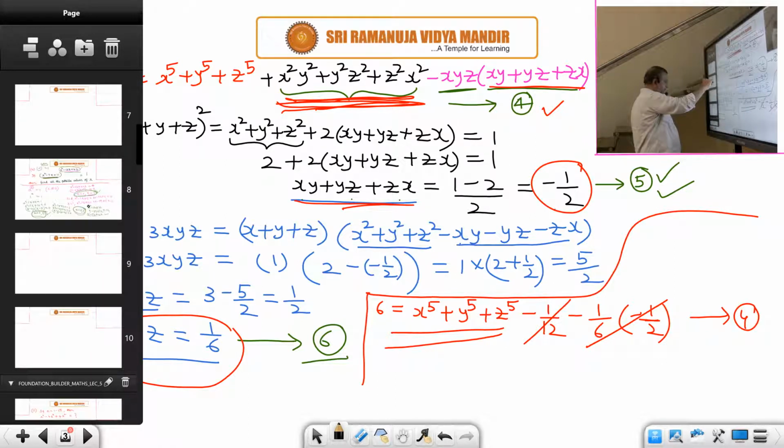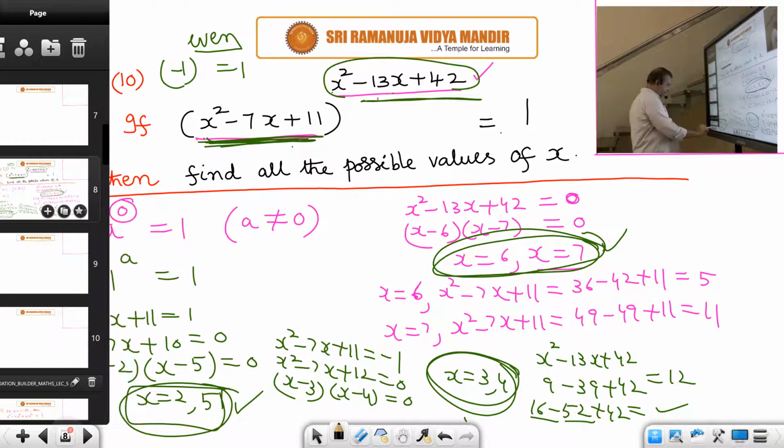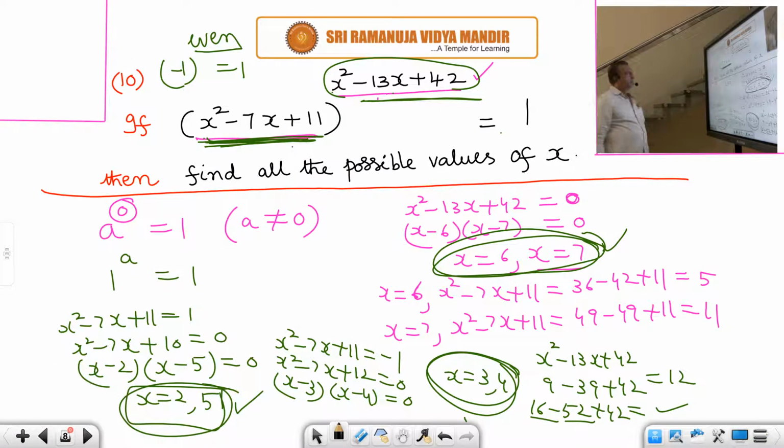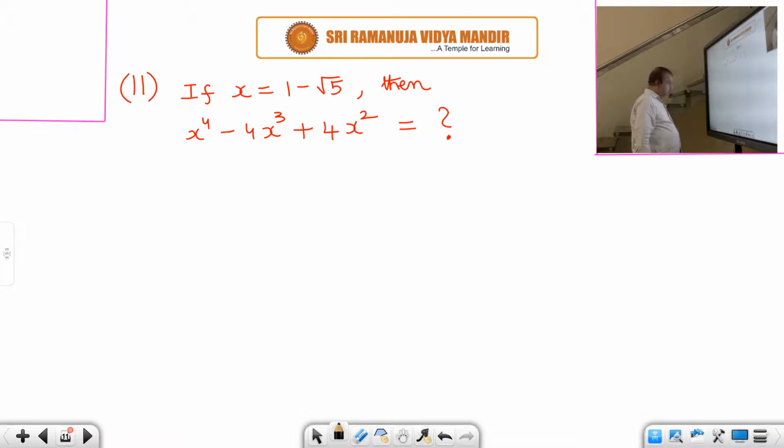Last one, I think this one. This one we have completed, x square minus 7x plus 11 whole power. So we have completed this problem, the 10th one. The 11th one is this problem.